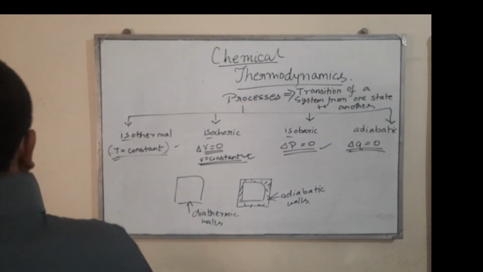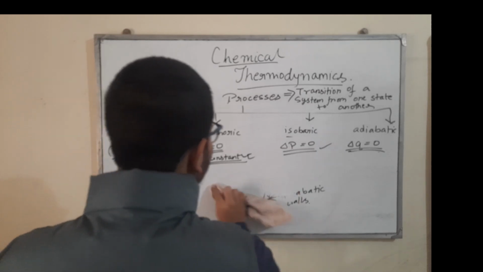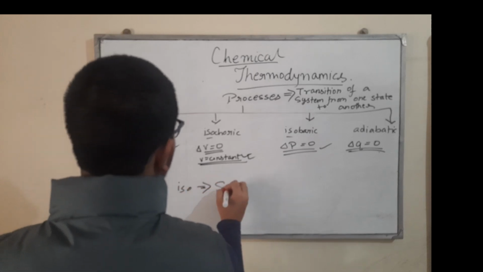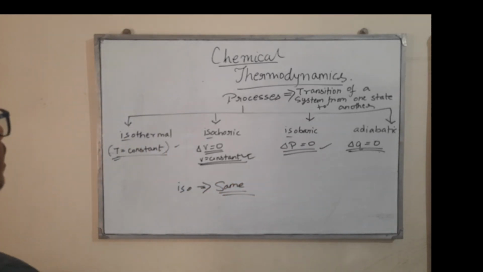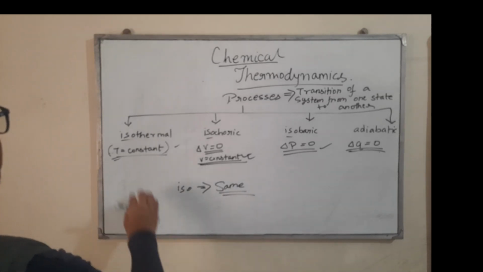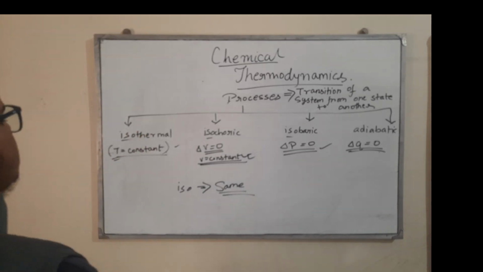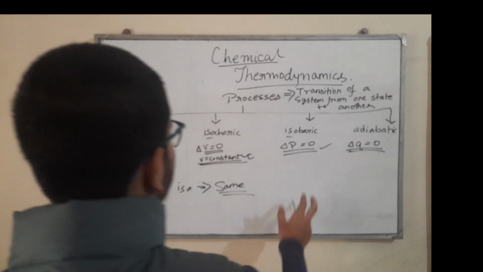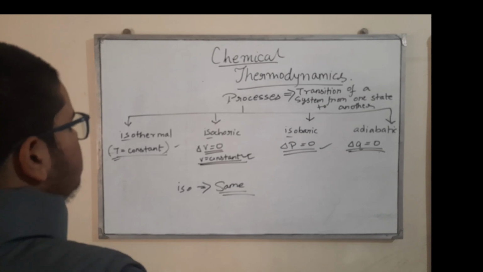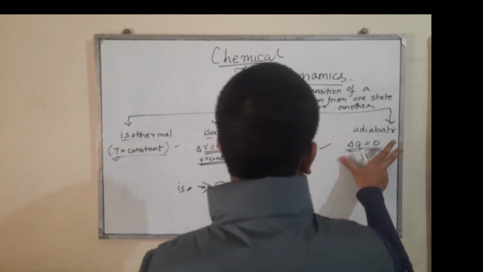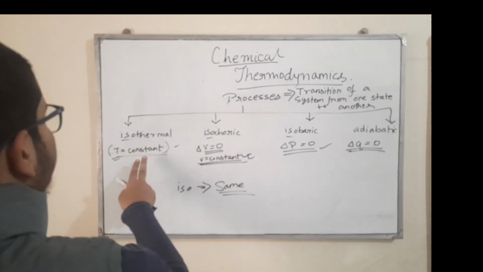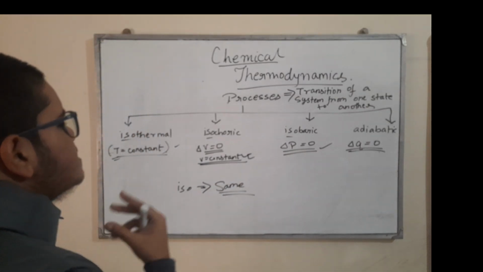Actually, whenever a parameter is kept constant, you add iso to it. Iso translates to same in English language. Isothermal, thermal means temperature. When temperature remains same, then it's isothermal process. When volume remains same, then it's isochoric process. When pressure remains same throughout the process, then it's isobaric process. And these are parameters that define the state of an object. Temperature, volume, pressure, these define the state of an object.